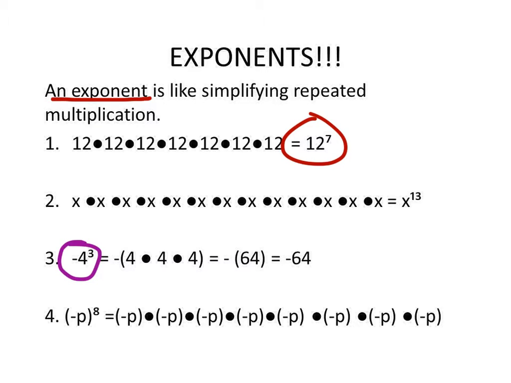Notice another way to write this is the negative, and then in parentheses you got 4 times 4 times 4. All right? So on 4, how many negatives are there? 8. There's 8 of them, right? Why is there 8 now? Very good. Now there are parentheses, right? So in other words, we're taking negative p and multiplying it over and over and over again.